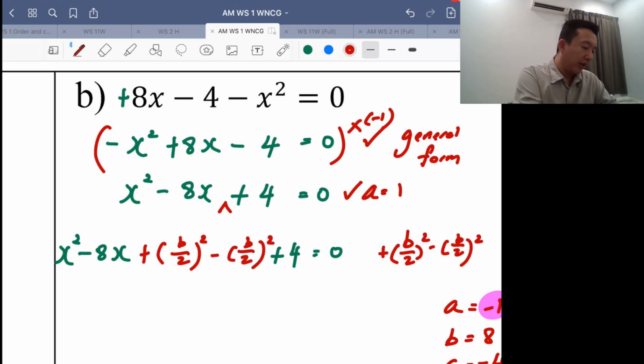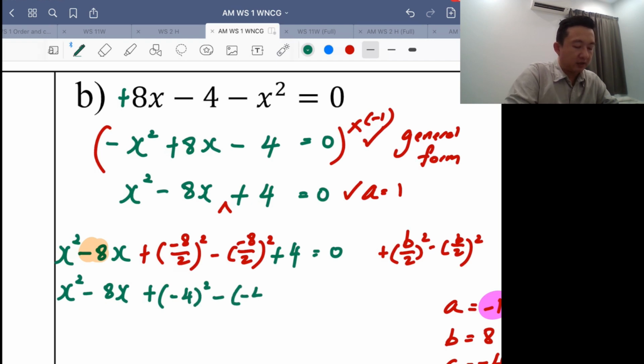Since we know that b is actually negative 8, you know what to put in here, right? You put in negative 8 over 2. So if you simplify it, you have negative 4 squared minus negative 4 squared plus 4 equals 0.